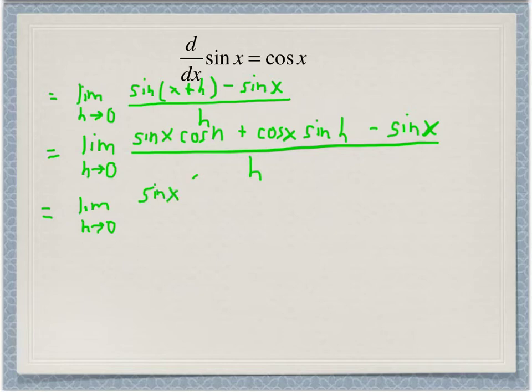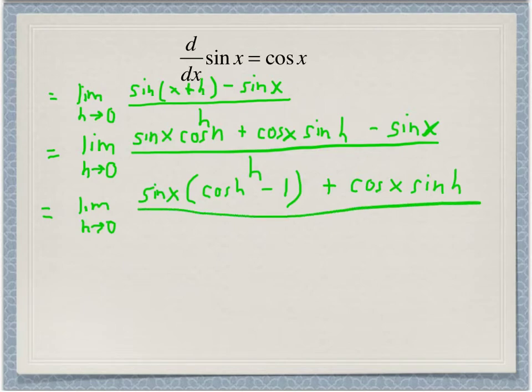So we have the sine of x, and then I'm going to be left here with the cosine of h, and then minus 1. That comes from this sine of x here. If I distribute this, I'll get all of this and all of this. And meanwhile, what I have left then is plus cosine of x sine of h. All of that. And of course, I still have this over h.